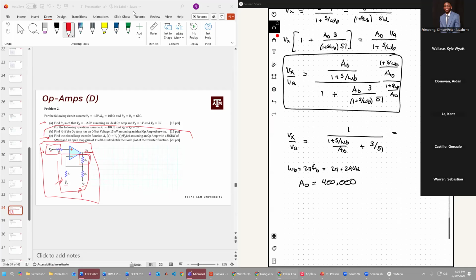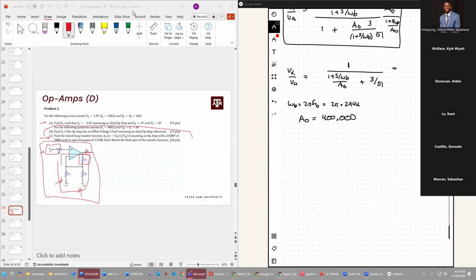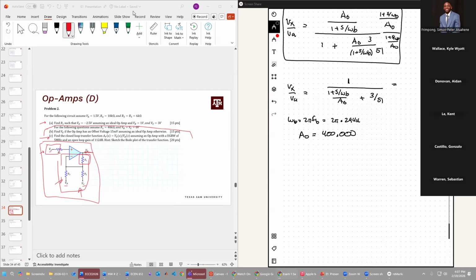Okay, let me pull my calculator. So on the denominator here, I should get 1 over A0 plus S. So it's going to be super small values here. 1 over 400,000.